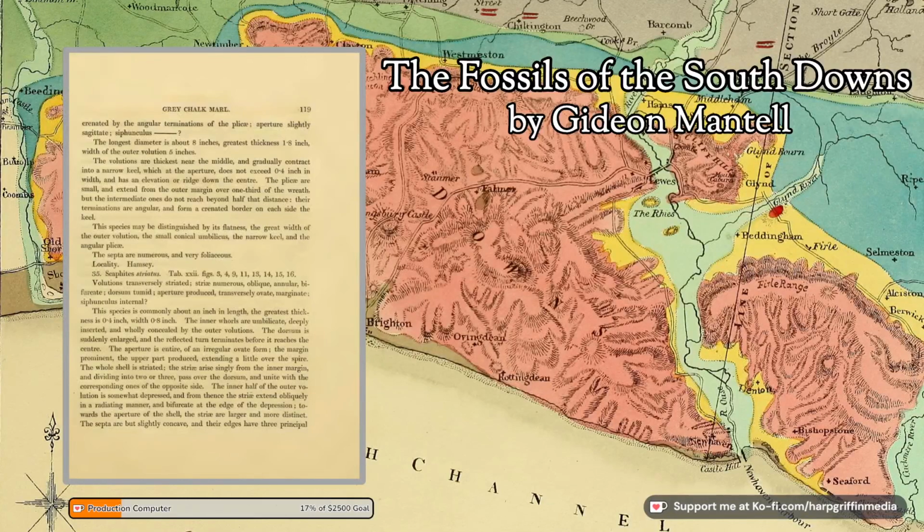Siphunculus. The longest diameter is about 8 inches, greatest thickness 1.8 inch, width of the outer volution 5 inches. The volutions are thickest near the middle and gradually contract into a narrow keel, which at the aperture does not exceed 0.4 inch in width and has an elevation or ridge down the center.